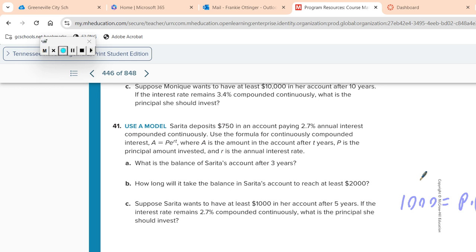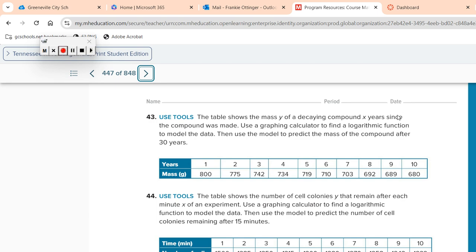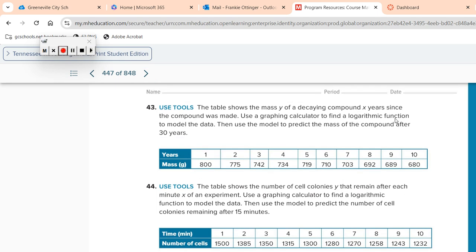Problem number 43 is, again, something that we've done before, but now it's with logarithmic. Again, I don't have my calculator to show you, but you should be able to do it. You're going to put it in stat like you've done.